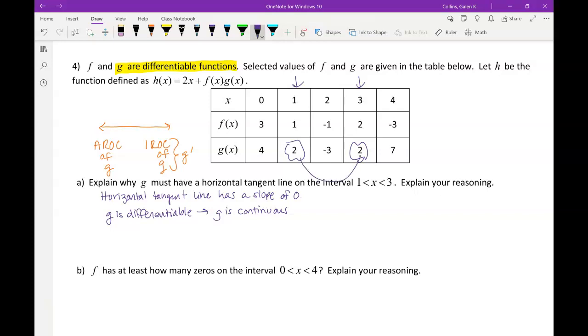I understand that it changes between those values, but we're really looking at the slope from x equals 1 to x equals 3, because we're talking about the slope of a secant line, our average rate of change. I have to show that difference quotient to get credit for the mean value theorem argument.